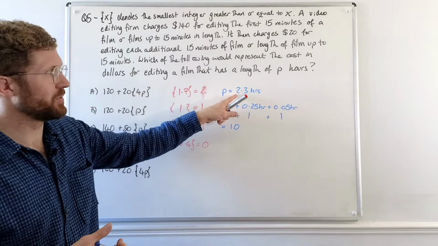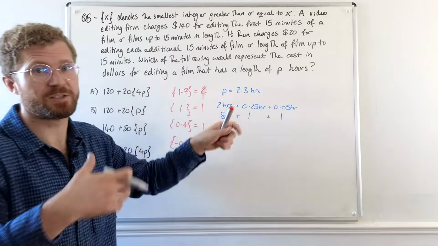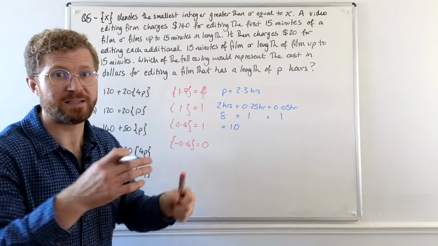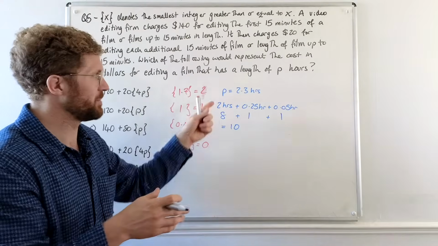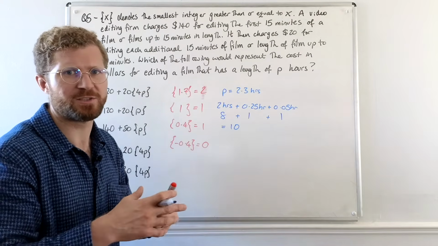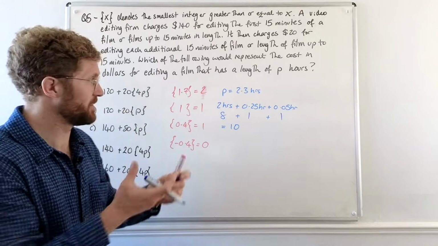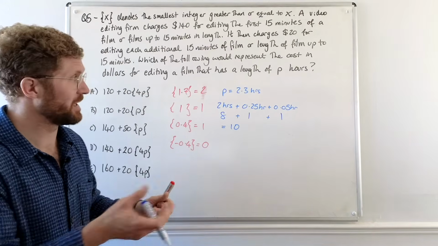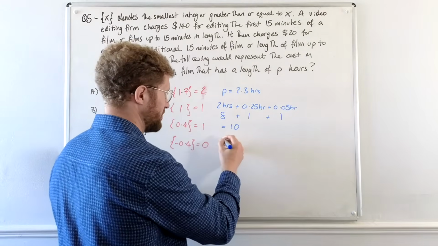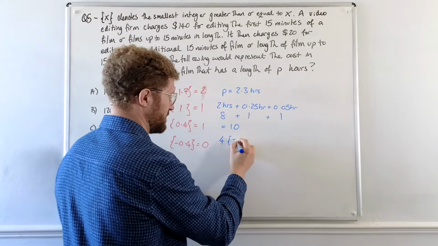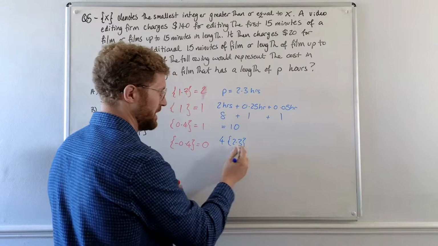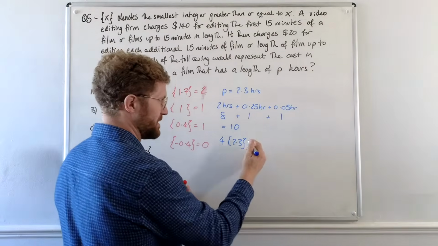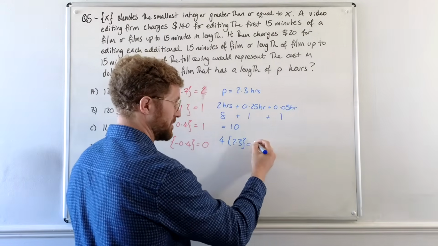So the question really becomes, I've got hours, we're charging in blocks of 15 minutes, so I need to at some point multiply p by 4. The question is, do I do that outside of this special symbol or do I do it inside? Well, let's try it outside first. So if I do 4 times 2.3, what's inside that set of parentheses is going to be rounded up to the nearest whole number.